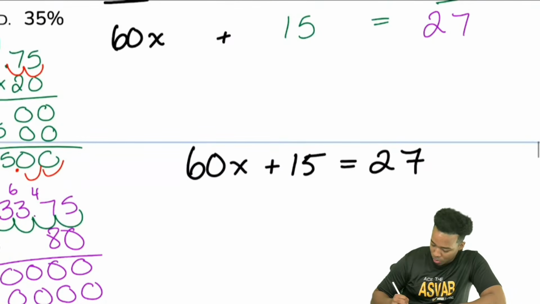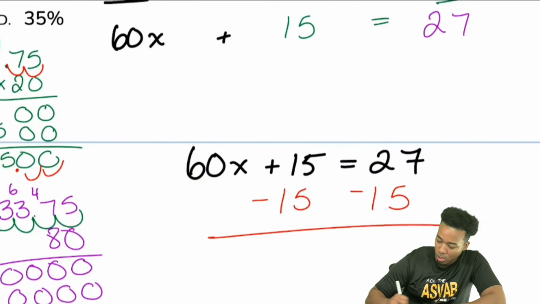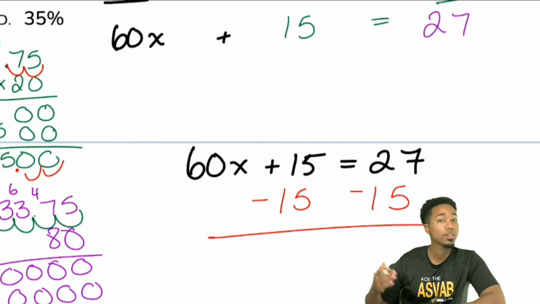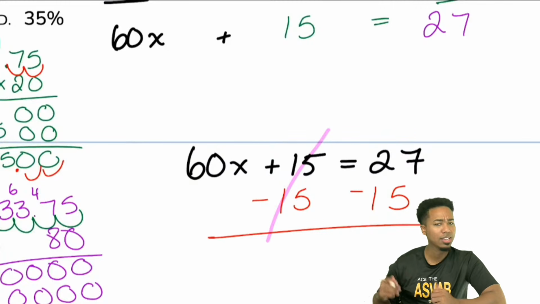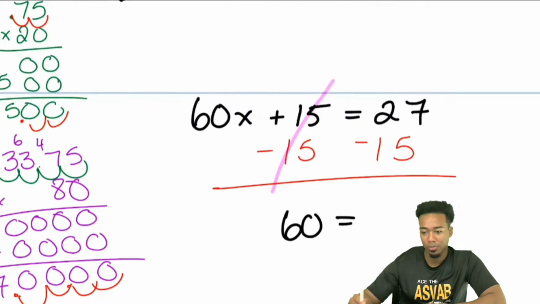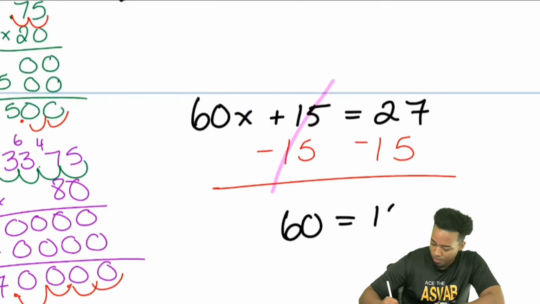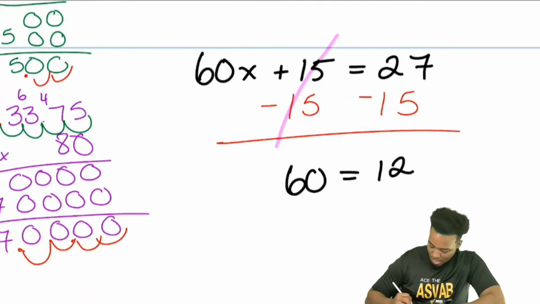Okay, great. So what I'll do is I'll subtract 15 from both sides. Remember, the key to solving equations is working backwards and doing the opposite operation. So the 15 positive and negative cancel out, leaving you with 60x equals 27 minus 15, which is 12. Appreciate you, Draco. And then now what do we do to both sides, everybody? 60x equals 12.